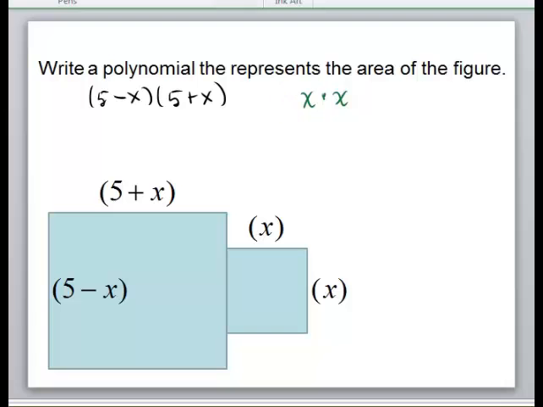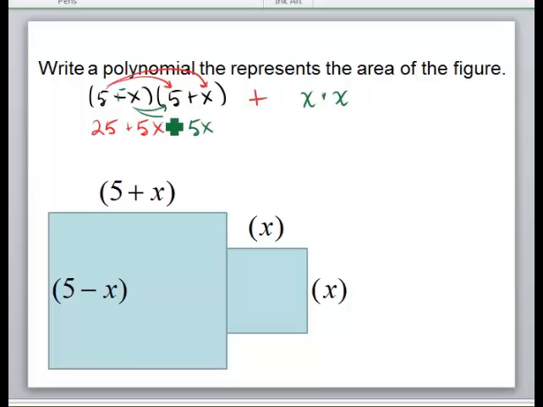Now we're going to be adding these together because they're both attached to each other. So when I distribute my 5 through, I get 25. Then I'll distribute this 5 to the x, which gives me a 5x. Next, what I want to do is distribute my negative x through. So I have a negative x times 5, which would be a negative 5x.